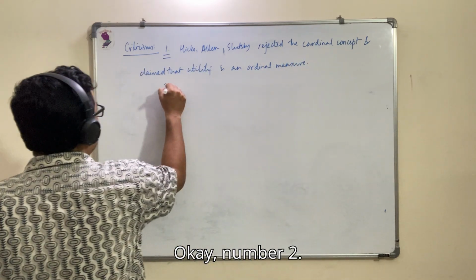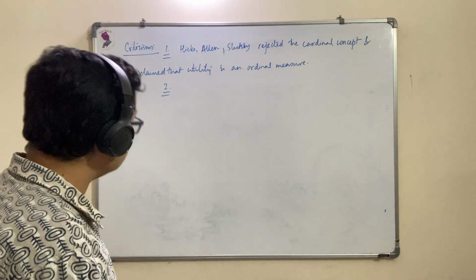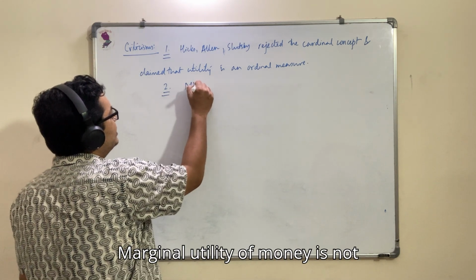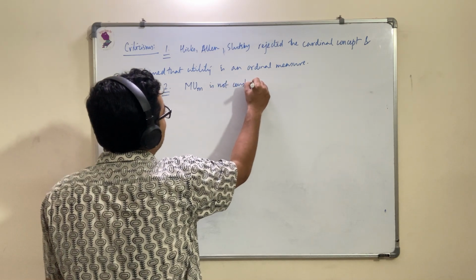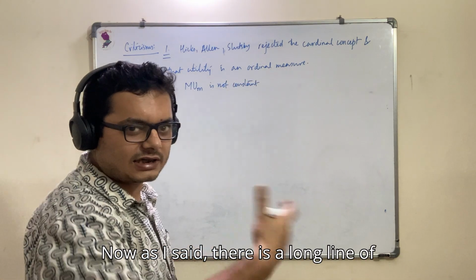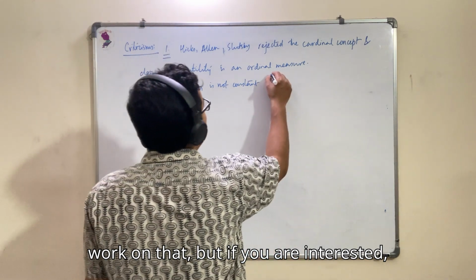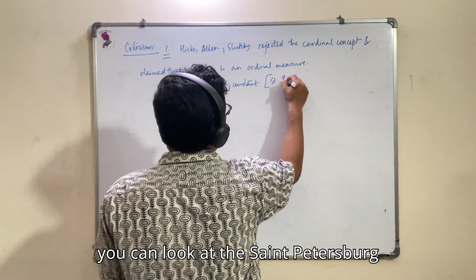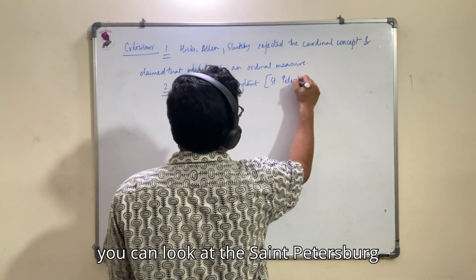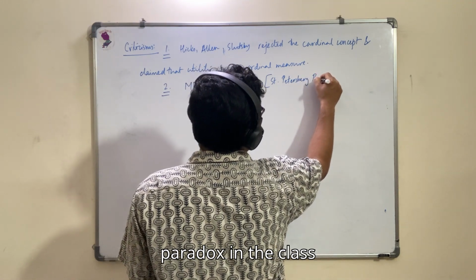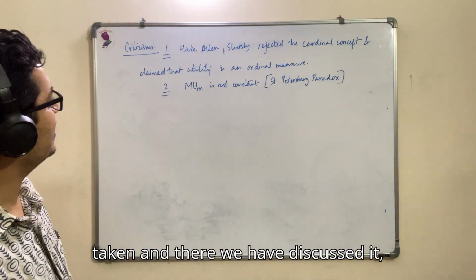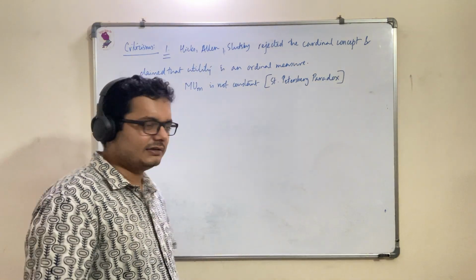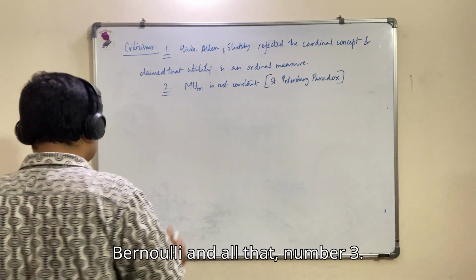Number 2, marginal utility of money is not constant. Now, as I said, there is a long line of work on that, but if you're interested, you can look at the St. Petersburg paradox in the class of uncertainty that I have taken, and there we have discussed it, Bernoulli and all that.